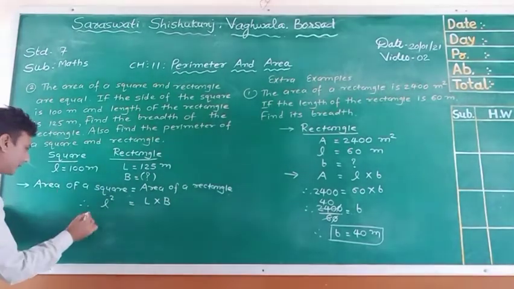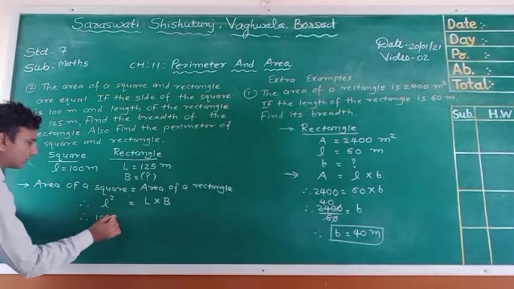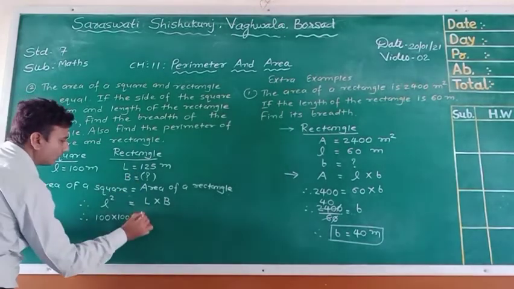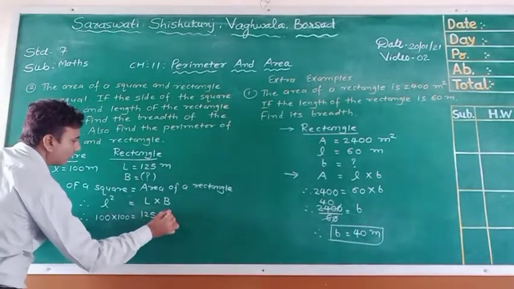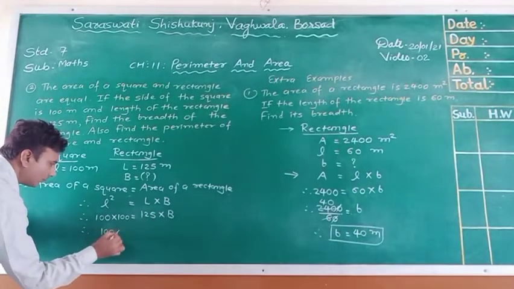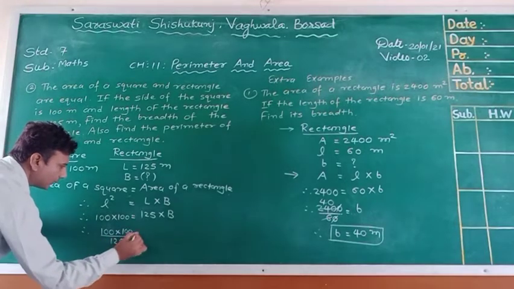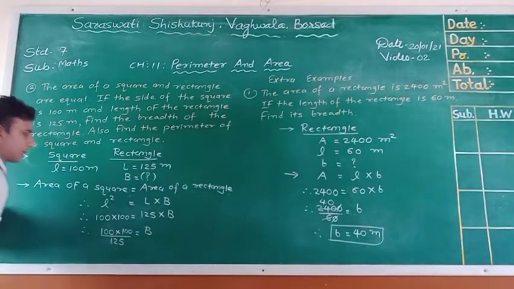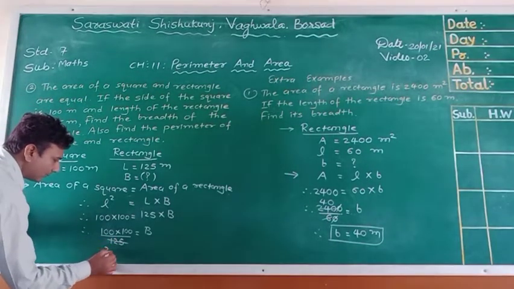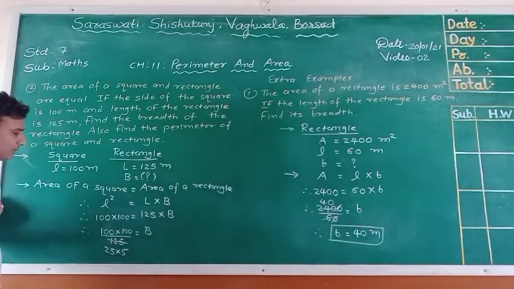L is given as 100, and square is given, so 2 times I can write 100, equal to length 125, breadth not given. 125 going downside: 100 multiply 100 upon 125 equal to breadth. Here now we can cut. Yes, let's cut. 25 is 125.